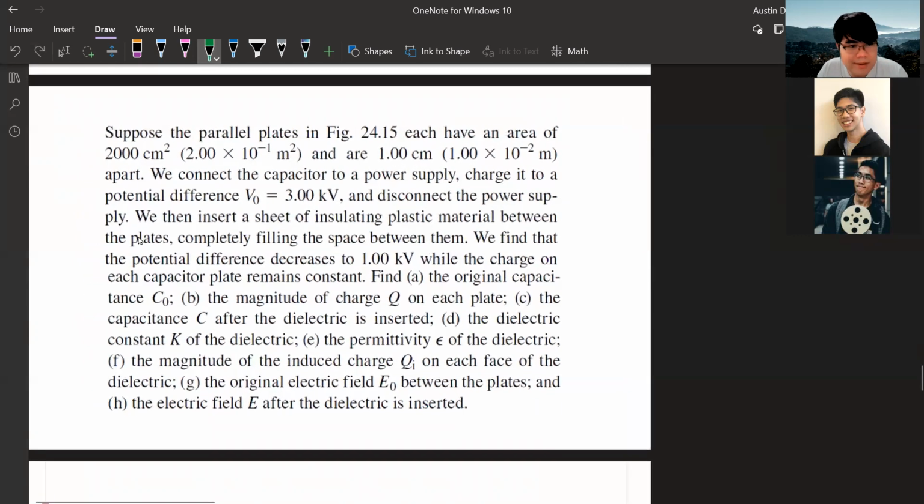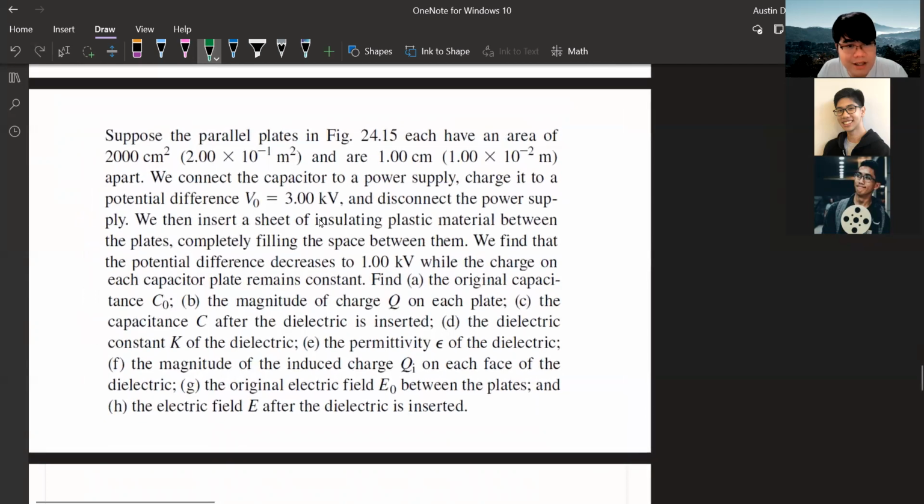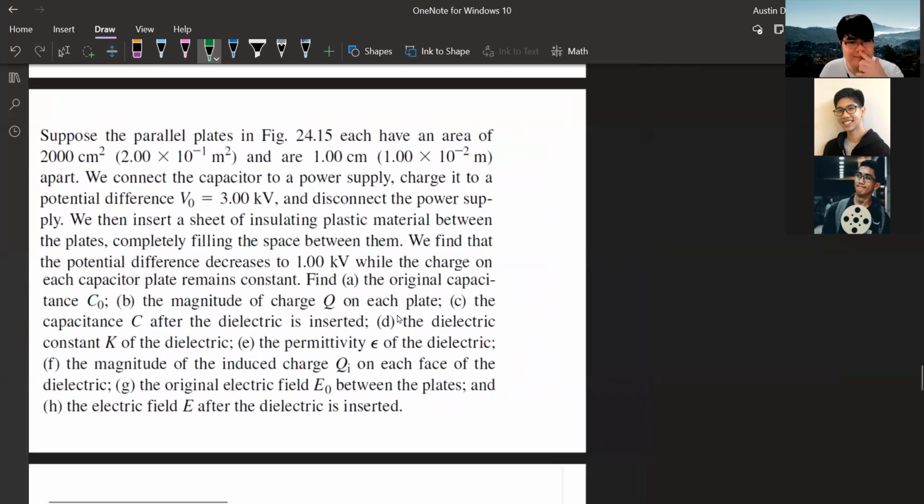Ang mangyayari daw is then we insert a sheet of insulating plastic material between the plates, completely filling the space between them. Napansin mo daw na yung potential difference bumaba to 1 kilovolt. Pero yung charge on each capacitor plate remains. Okay. Find the original capacitance, C naught.